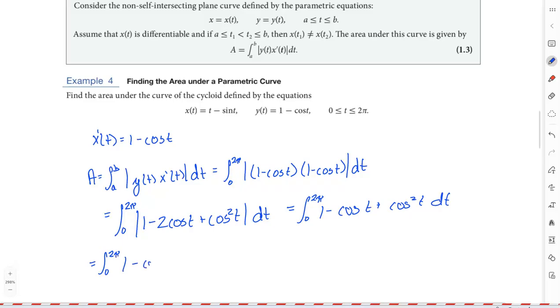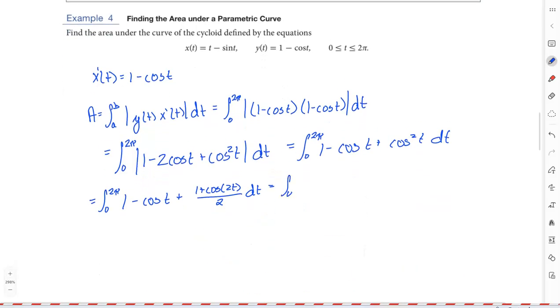So let's write that. 1 plus cosine of 2t over 2 dt. I'm going to simplify this before I do anything else. So this is going to be 1/2 plus cosine of 2t over 2. And 1/2 plus that 1 is going to give me a 3/2 there. So we have 3/2 minus 2 cosine of t plus cosine of 2t over 2. And I'm going to write that as 1/2 cosine of 2t.